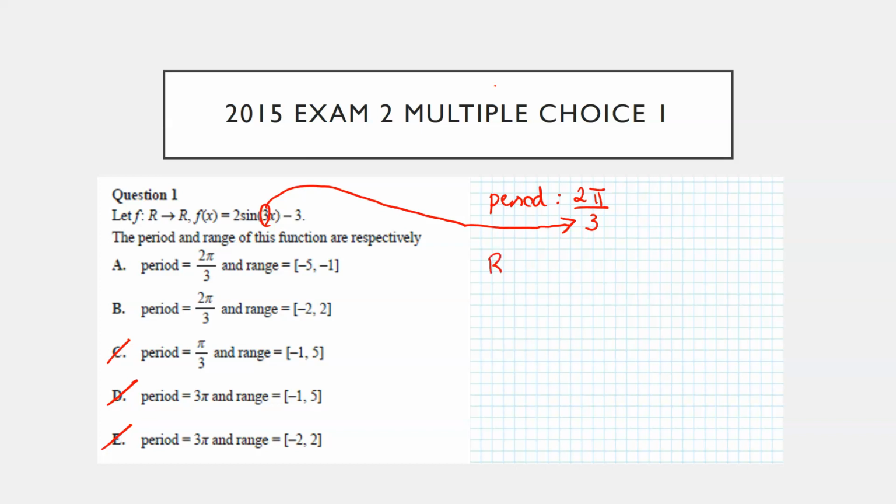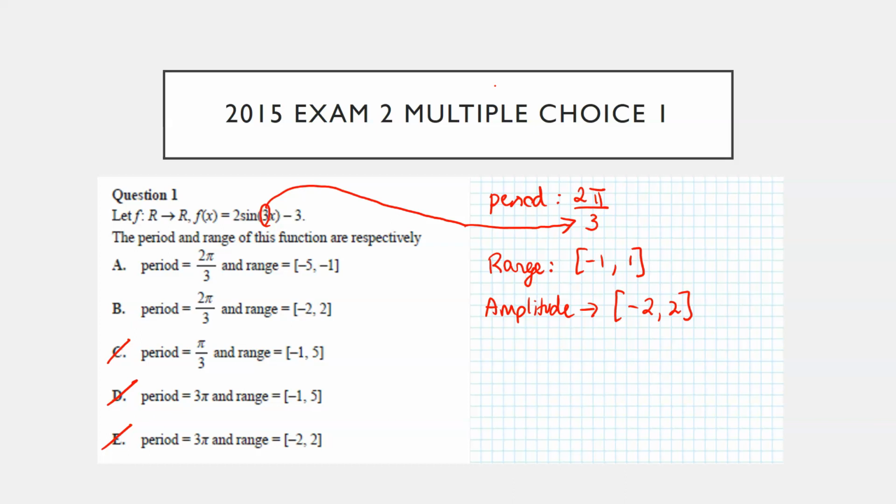Okay, now let's work out the range. So the range usually is from negative 1 to 1. However, a couple of things have happened here. First, the amplitude has meant that the range has gone from negative 1 to 1 to negative 2 to 2. So it's stretched out.